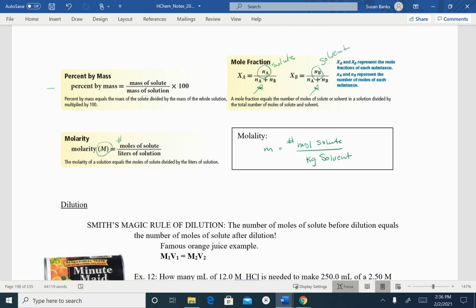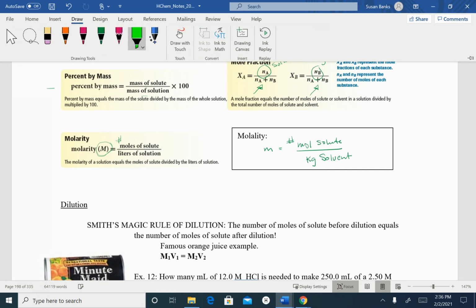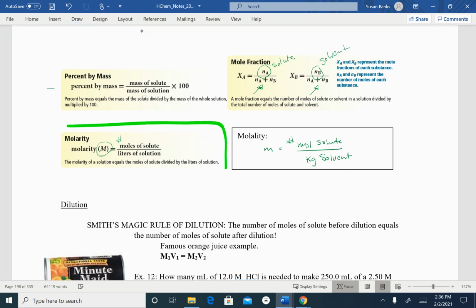In chemistry, the biggest one, the one that we use the most, is molarity. Molarity is used all the time in chemistry. Acids and bases are based on molarity. pHs are based on molarity.